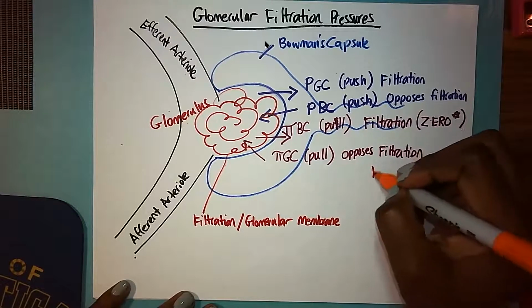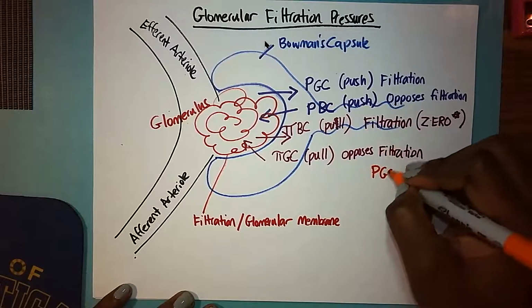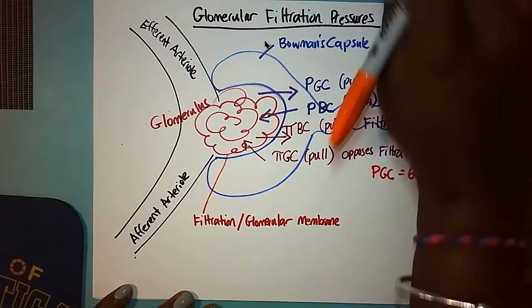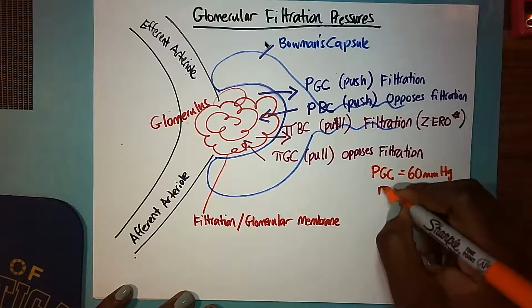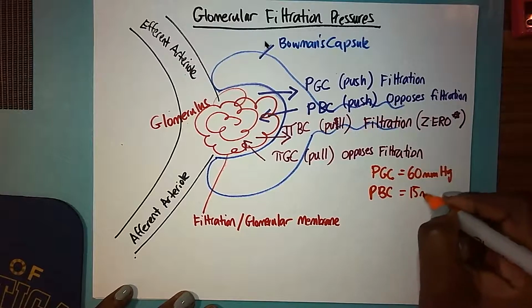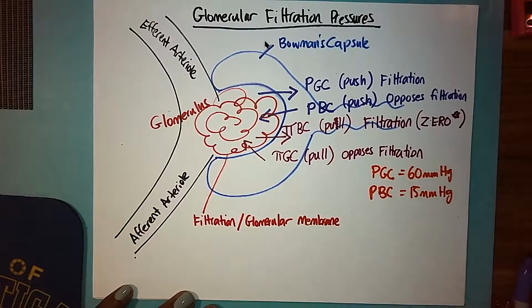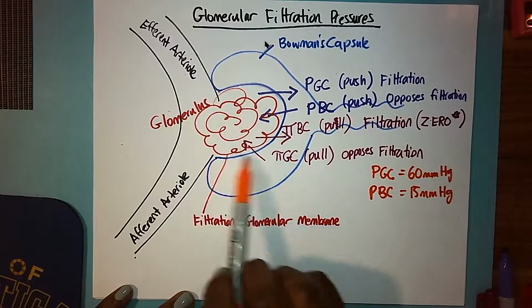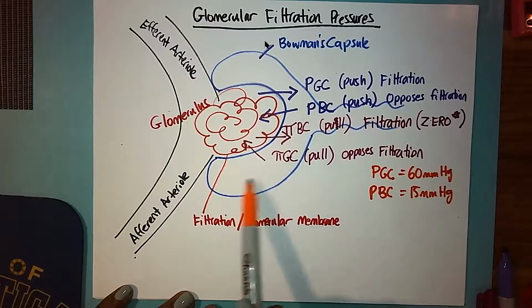So typically our glomerular capillary hydrostatic pressure is about 60 millimeters of mercury. Okay, our Bowman's capsule hydrostatic pressure is about 15 millimeters of mercury. And this should make sense, right? There's more fluid in the capillaries than there is in the Bowman's capsule.